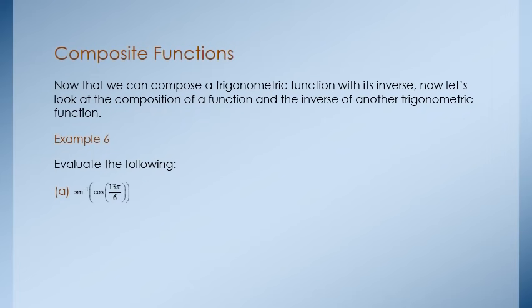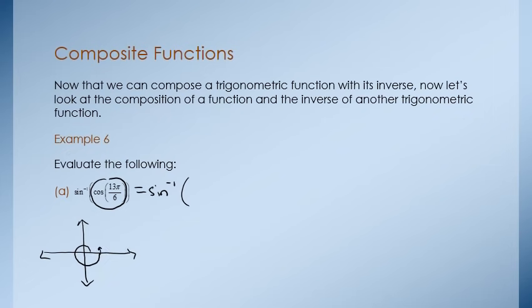Well, we're always going to work from the inside out. And so I've got to determine what is the cosine of 13 pi over 6. Let me just sketch this out real quick. 13 pi over 6, if I go all the way around, I'm at 2 pi, which is 12 pi over 6.